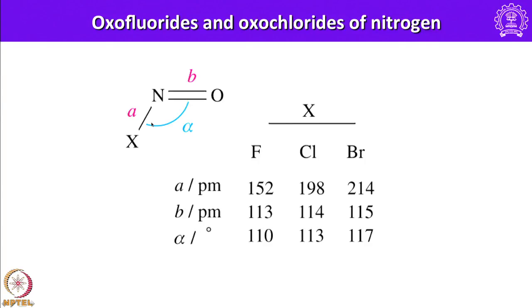So, several oxyfluorides and oxychlorides of nitrogen are quite known, but all are unstable gases or volatile liquids which are rapidly hydrolyzed, and nitrosyl halides like FNO, ClNO, BrNO are formed in the reactions of NO with F2, Cl2 or Br2.